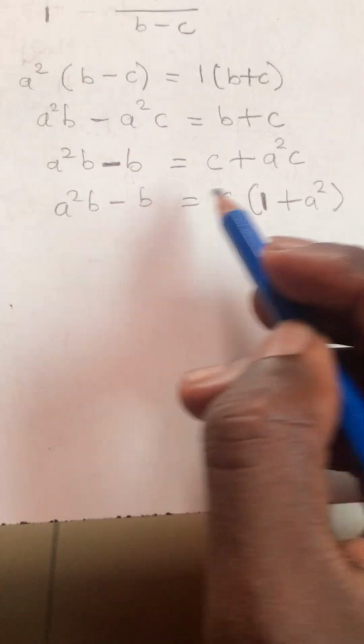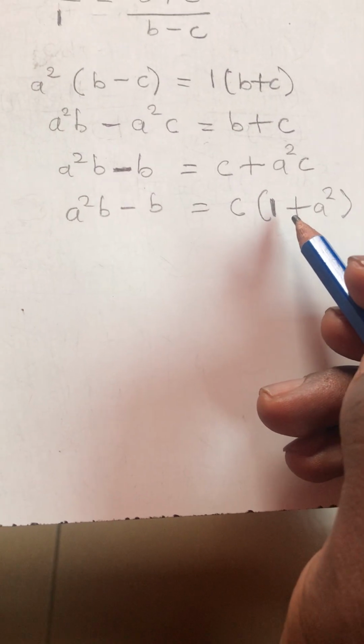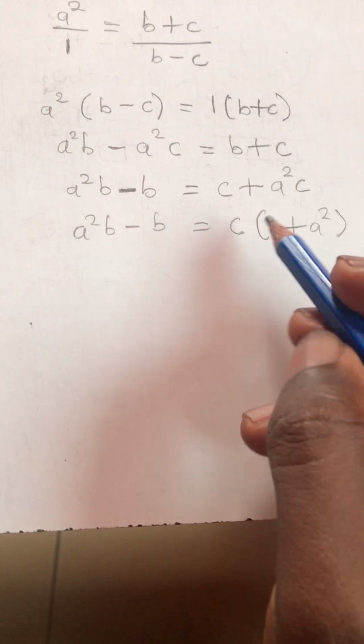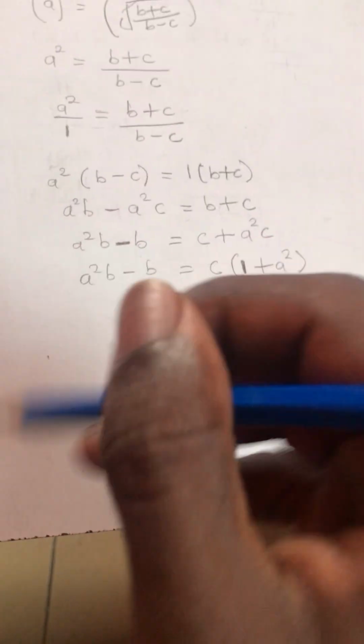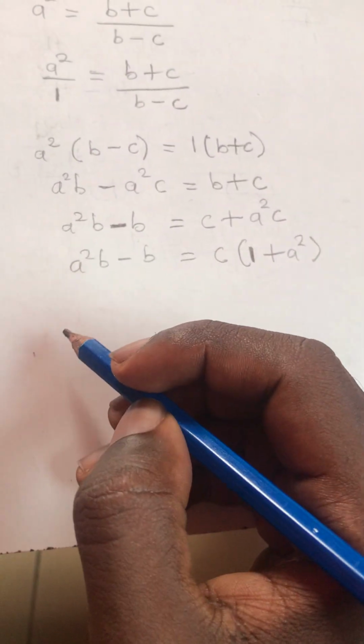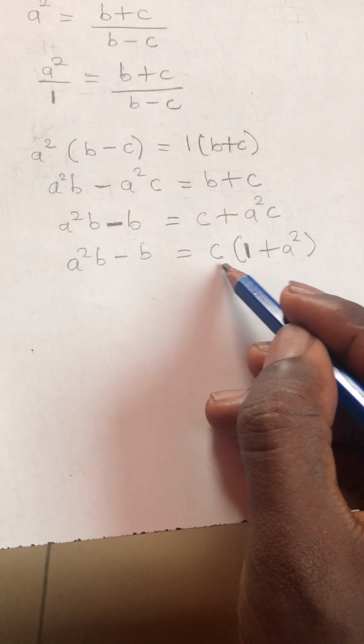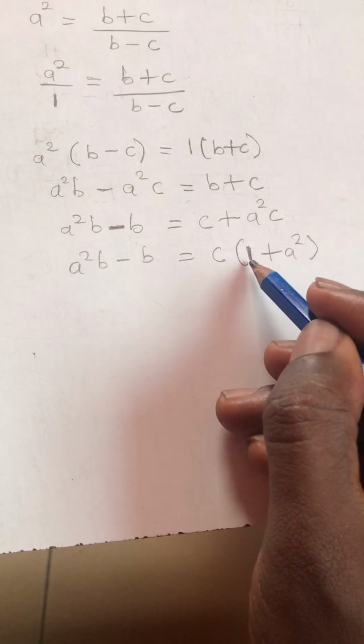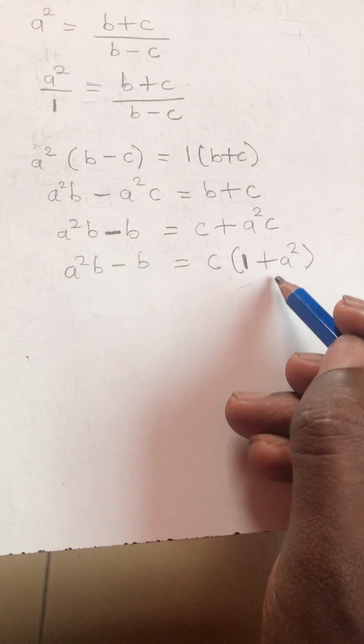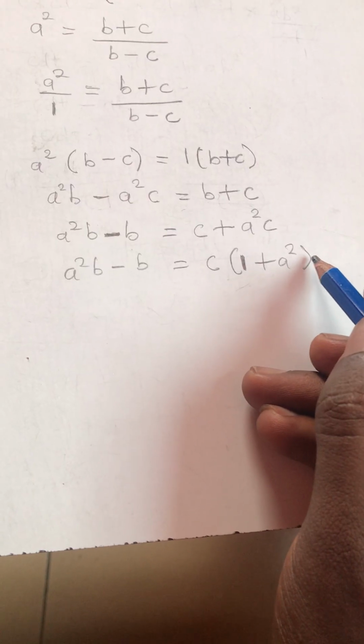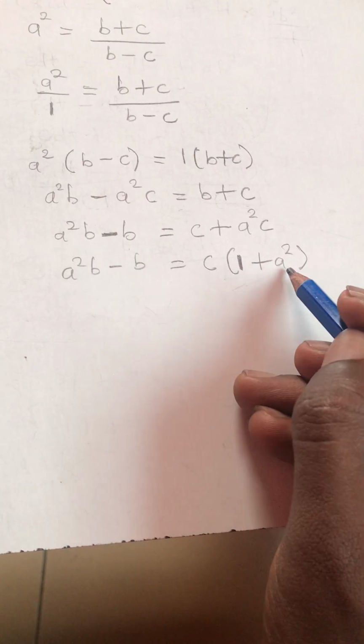So we've factored out c, but although we factored out c, c is not independent, it's dependent on, or in bracket, 1 plus a squared.